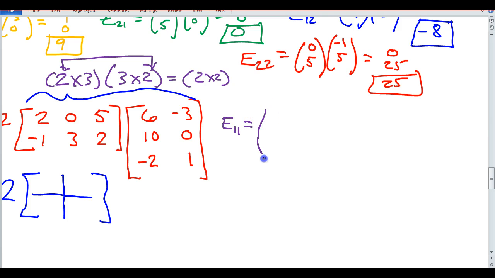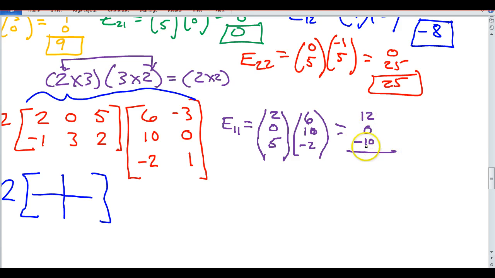So that's going to be 2, 0, 5, because that's row 1, times column 1, which is 6, 10, negative 2. Okay, that's going to make 12, 0, and negative 10. Okay, that's going to make 2 when I put these together. So that tells me that this right here is 2, for example.